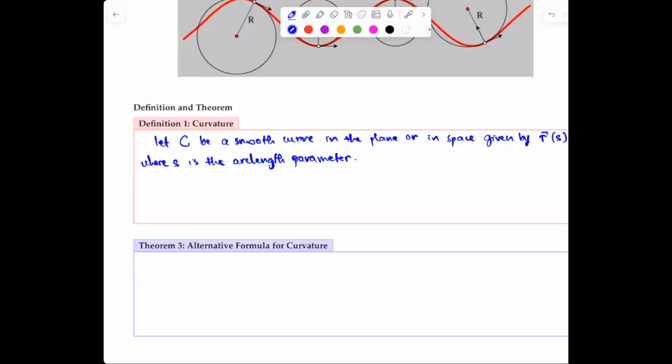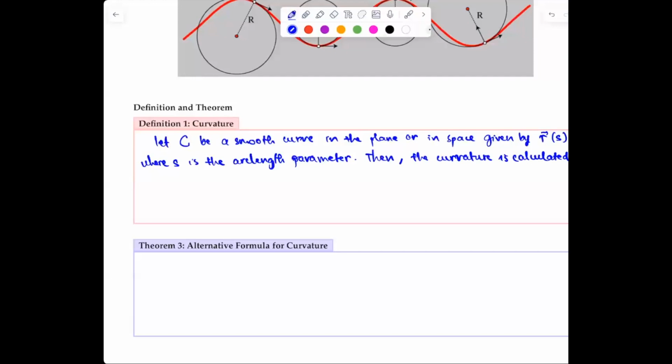Then the curvature is calculated as... So this is the notation, right? Kappa.